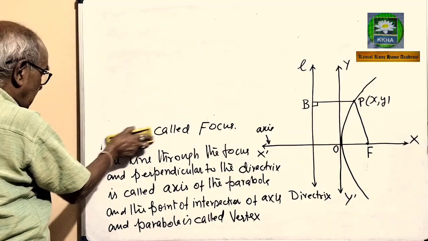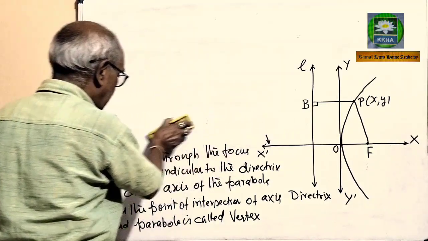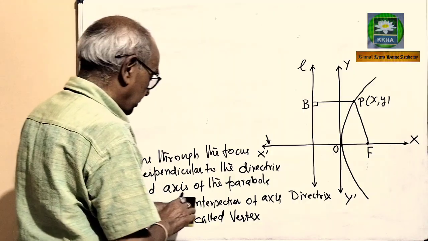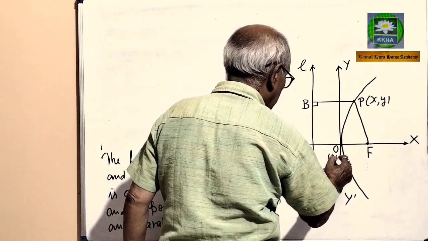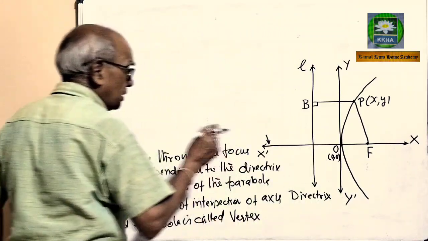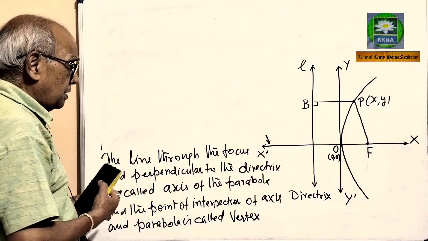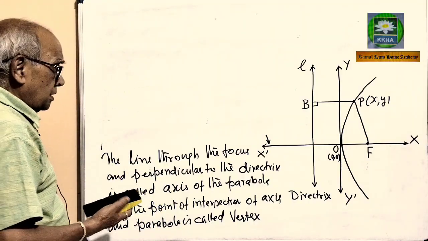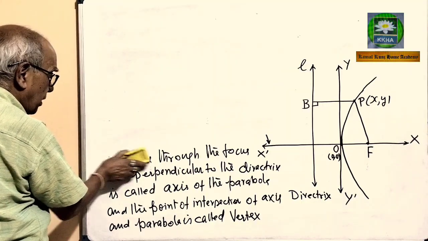Now, if origin, that is 0, 0, is taken as the vertex, and x and y axis as axis of the parabola, then orientation of parabola can be divided into 4 types.